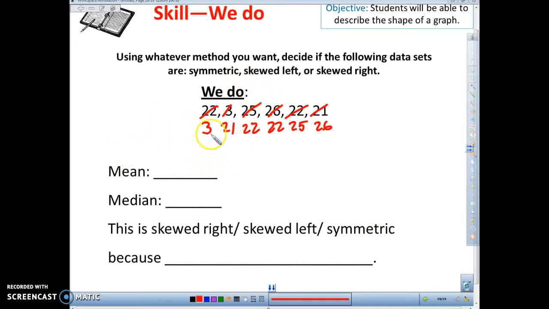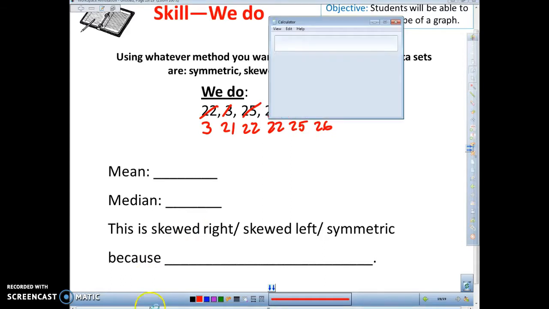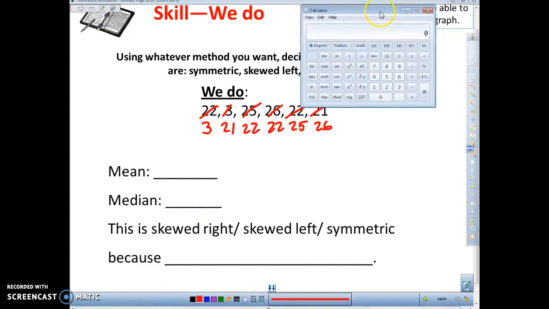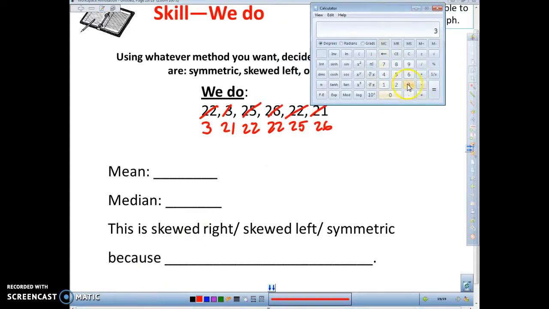So to calculate the mean, I'm going to add all of these guys up. Well, we can do this without a calculator, but in order to save some time, I'm going to do it with a calculator. I'm going to add 3 plus 21 plus 22 plus 22 plus 25 plus 26, and that gives me 119.